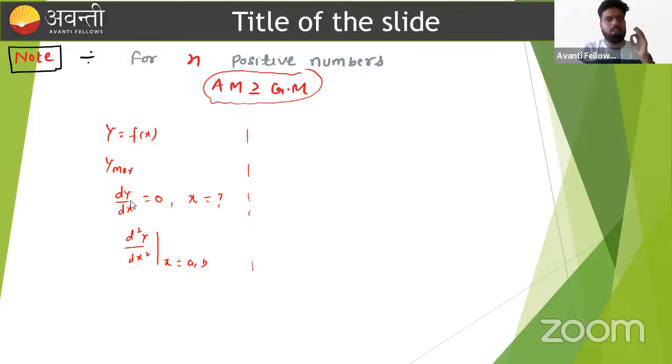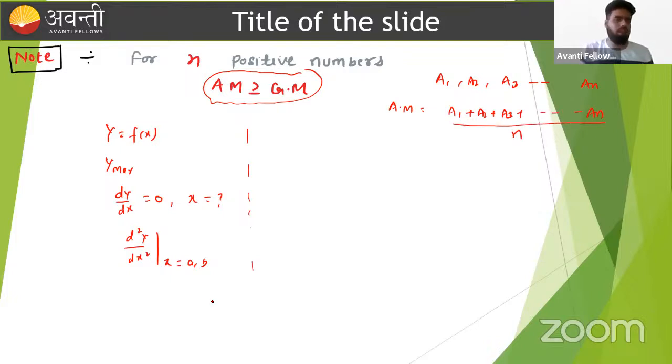First of all, we have to understand what arithmetic mean is. Suppose n terms are given: a1, a2, a3 up to an. Then what is the arithmetic mean of the n terms? It's simple: a1 plus a2 plus a3 and so on, divided by the number of terms, that is n.